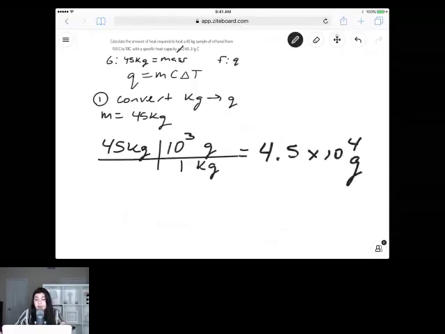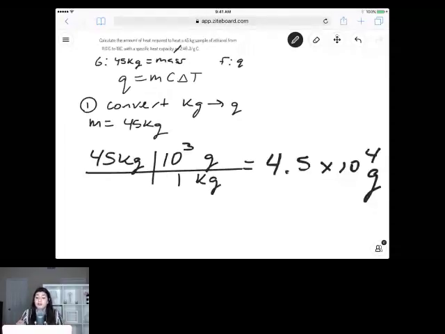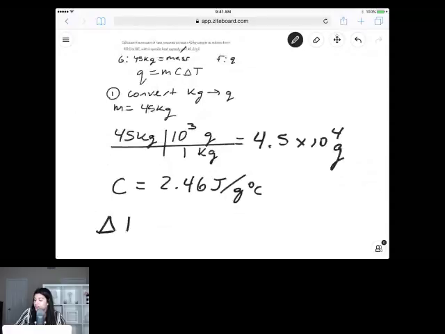Okay, moving on. So now I know what my specific heat capacity is. That has to be given to you, by the way. It either has to be given in the question or there might be a table on your exam. Like I said, that's something that you would just have to be given, or you might just only be solving for that. Okay. So C in our case is 2.46 joules per every gram Celsius. And then we'll figure out our change in temperature.